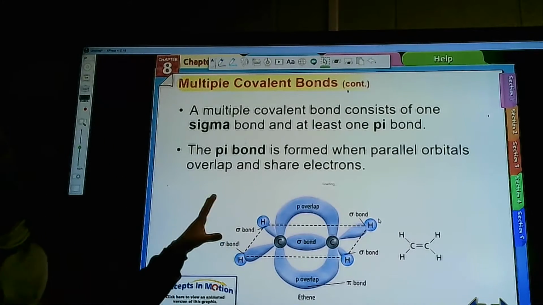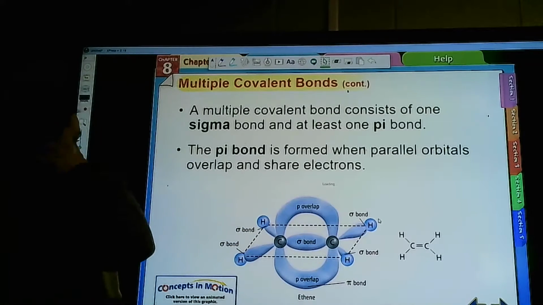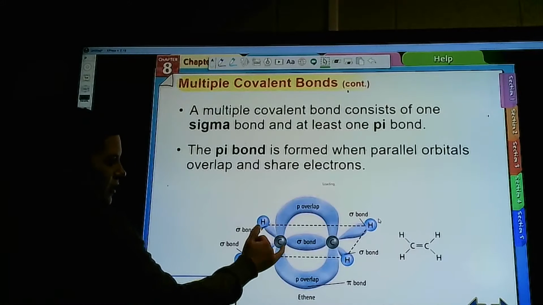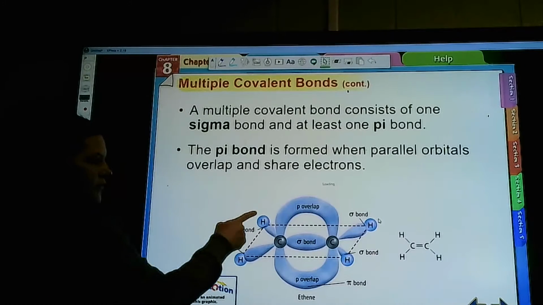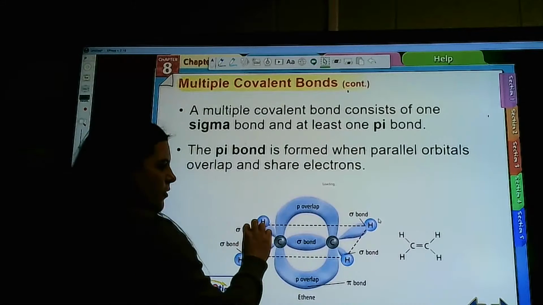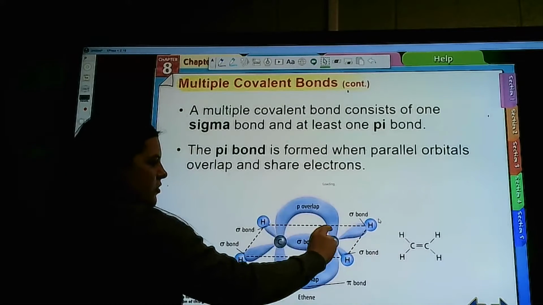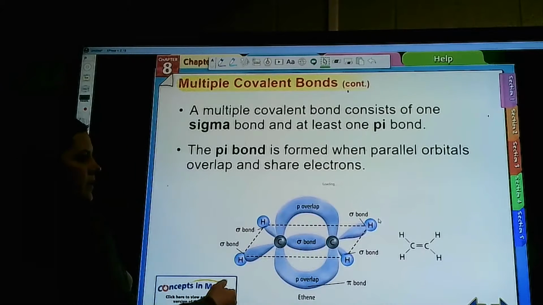So after you write this down, all you need to do is look up at the screen for a second. This sphere here is a carbon atom and a carbon atom, and then there are 4 hydrogen atoms on the sides. The first bond that forms in the very center is your sigma bond, the first single covalent bond.